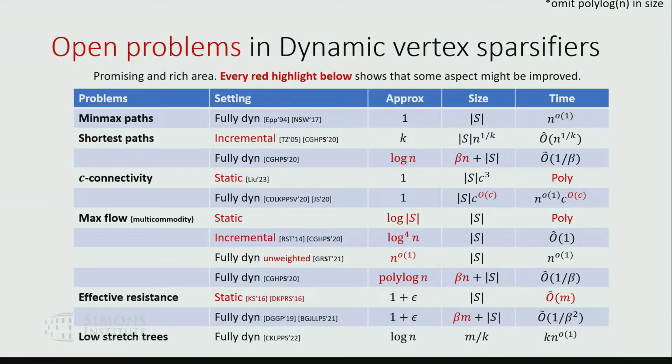However, for this trade-off, we have the dynamic vertex sparsifier only in the incremental case. You can handle only add terminal, so you get only an incremental algorithm from it. If this is fully dynamic, if you can handle deletion too, you would immediately get a fully dynamic distance oracle, which is very nice. And many other things here.